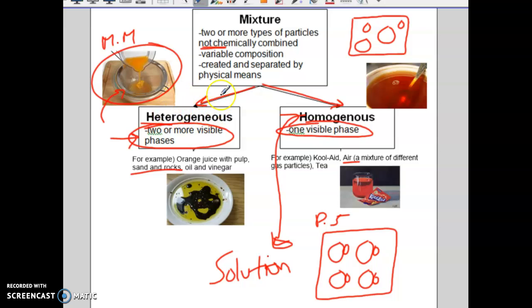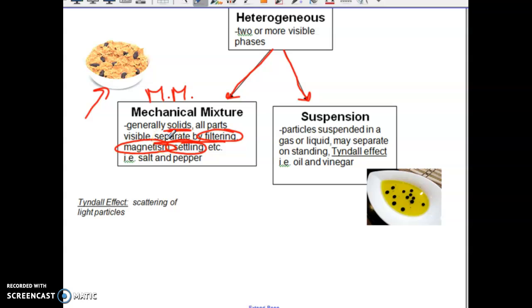The general category is mixture. The next sub-level would be heterogeneous mixture. And then because we can separate it relatively easily, because it has a solid component in it, it would be a mechanical mixture.